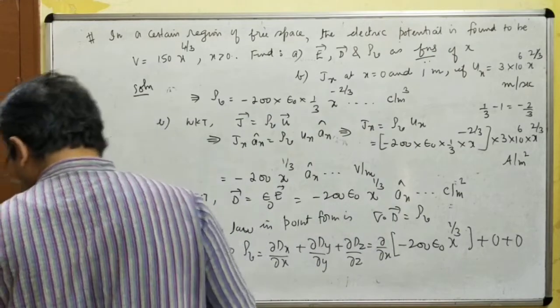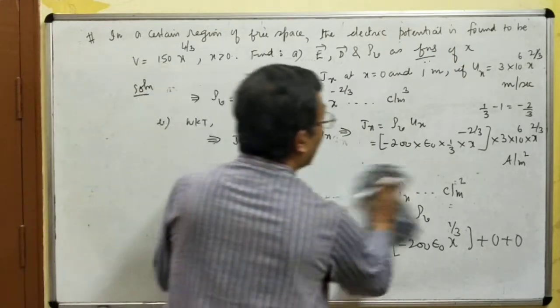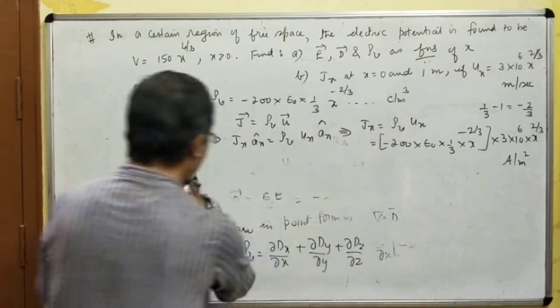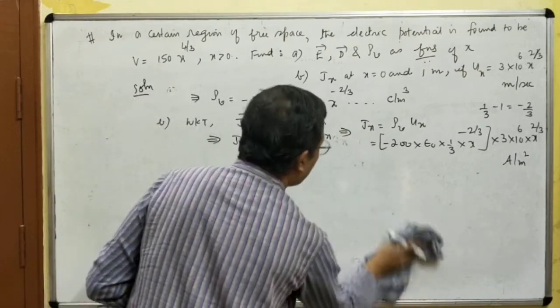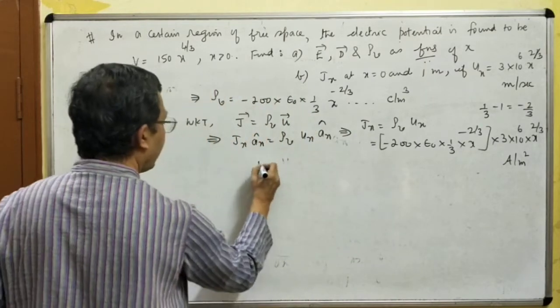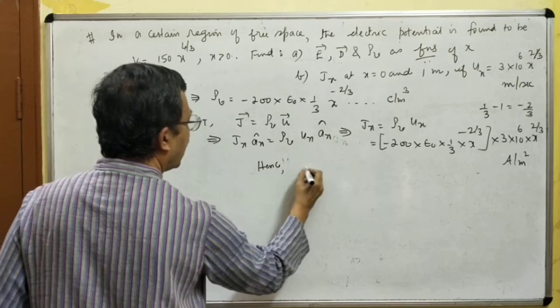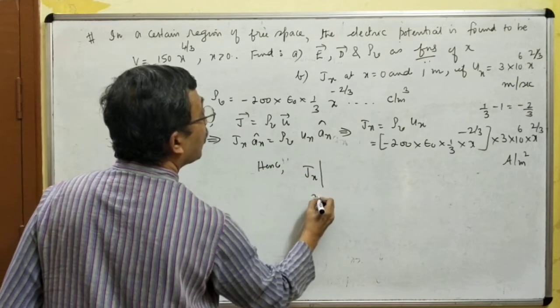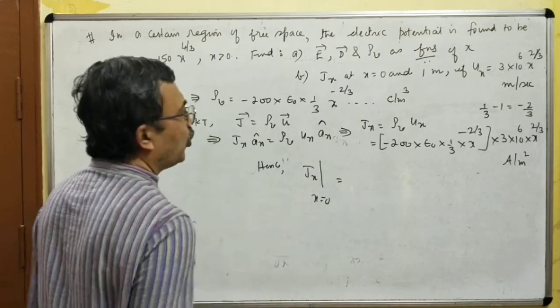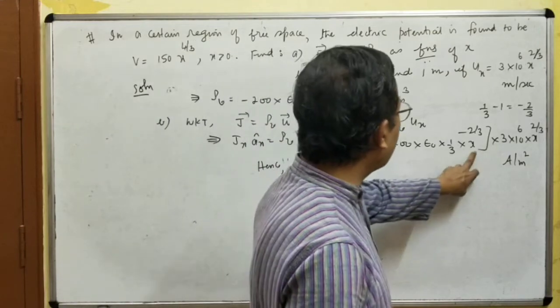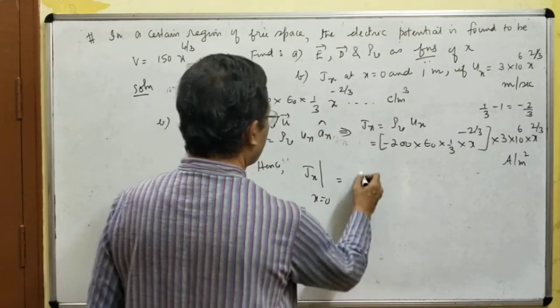This expression has to be now evaluated at two different values of x. Hence, Jx at x equal to 0: if you put x equal to 0 in this expression, the answer is 0.